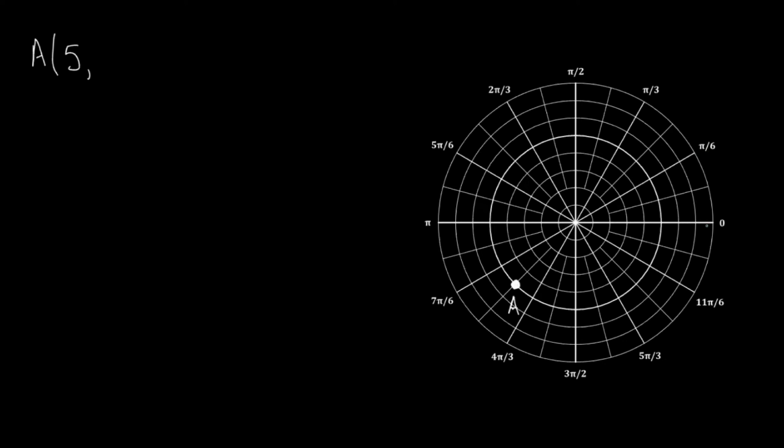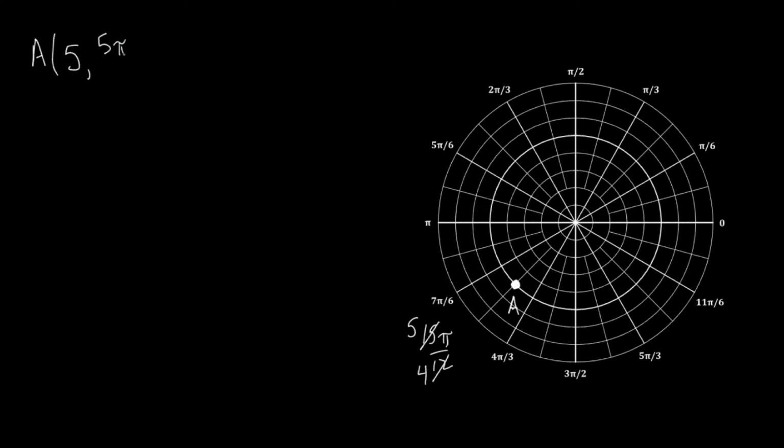So if I just count 1, 2, 3, 4, 5, 6, 7, 8, 9, 10, 11, 12, 13, 14, 15, this is actually 15 pi over 12. And then I can reduce that by taking out the 3. And so it's 5 pi over 4.